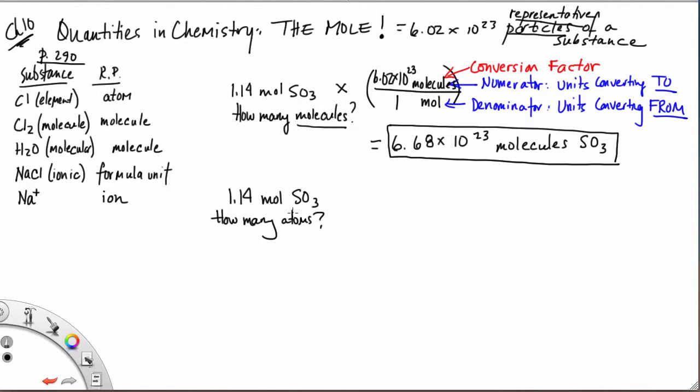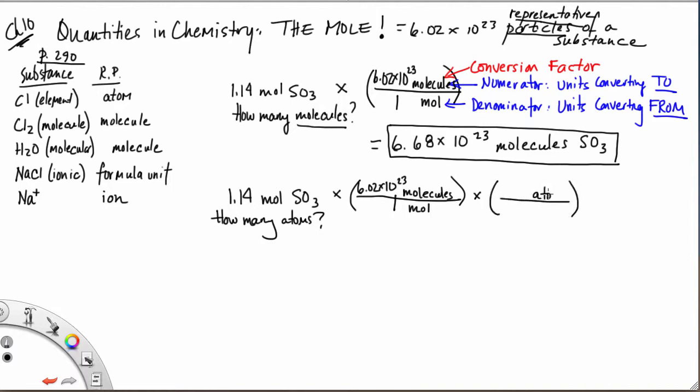So what that means is we cannot convert directly to atoms from moles of SO3 in one step. We need 2 steps. We need our first step to convert to representative particles, which is molecules first. Okay? So we know that there are 6.02 times 10 to the 23rd molecules in 1 mole. Then we can convert to atoms.